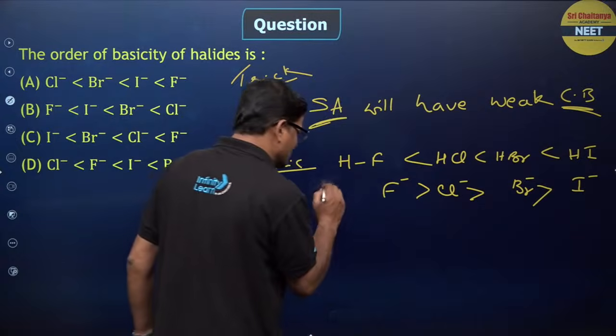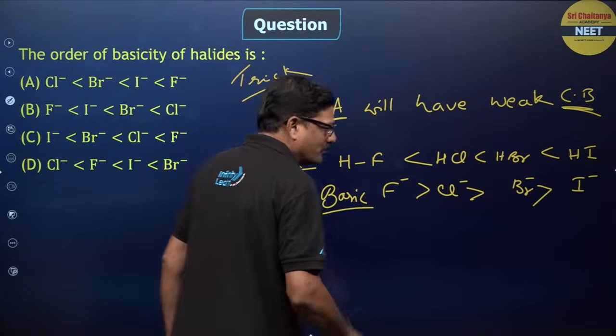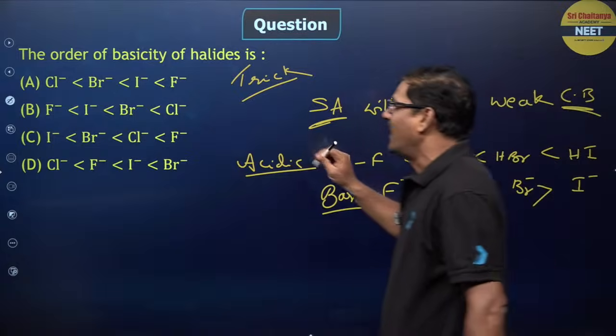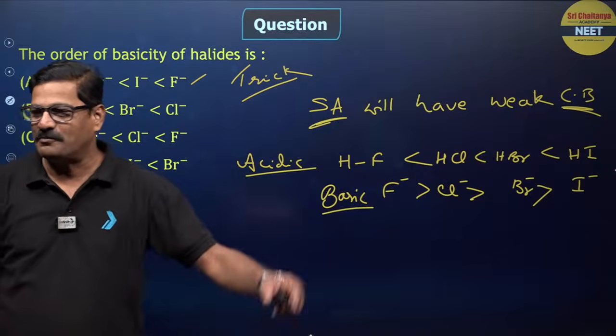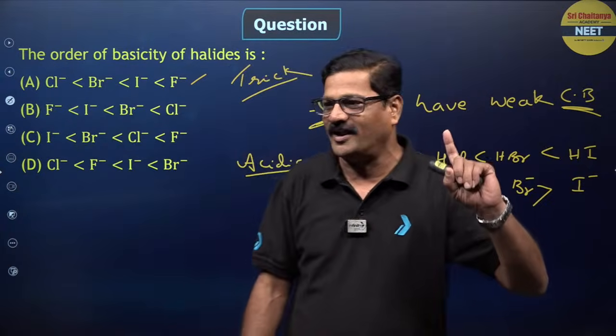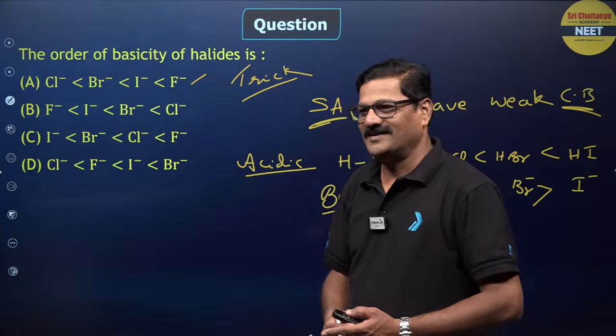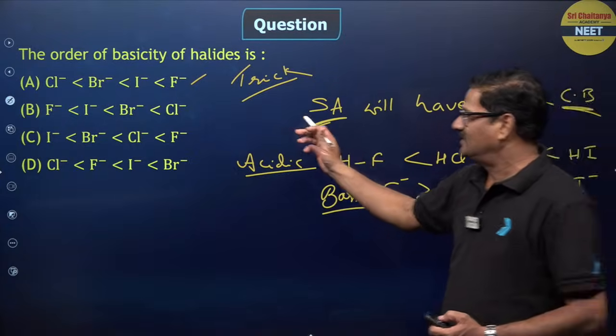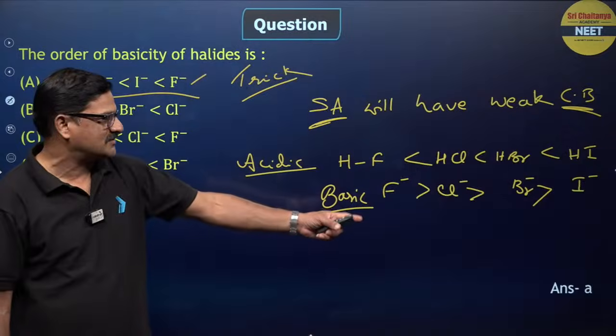So this is the basic strength. So based on this basic strength, don't stop your answers. I am speaking in English. If you have any doubts, please let me know. The answer for this question is going to be A.